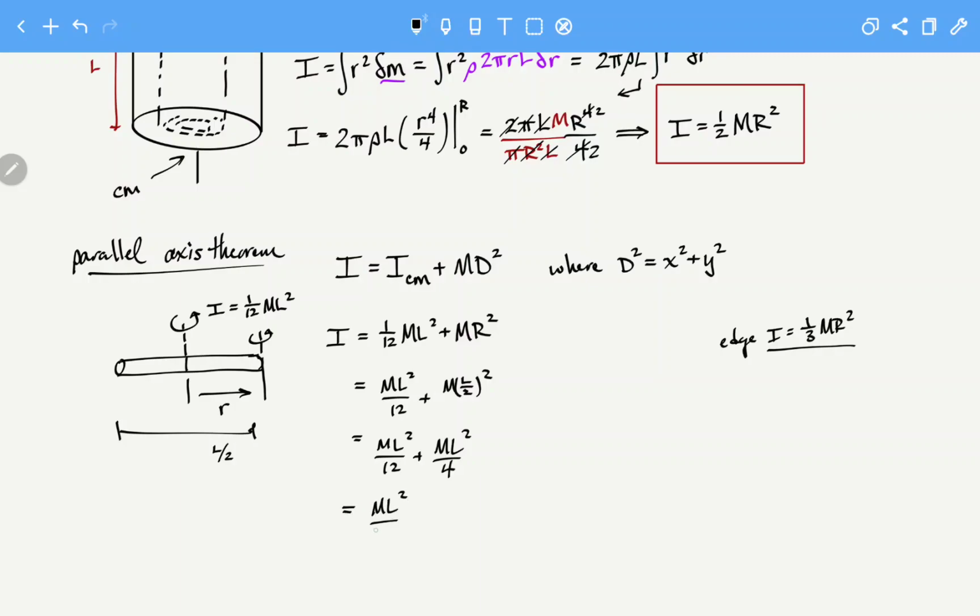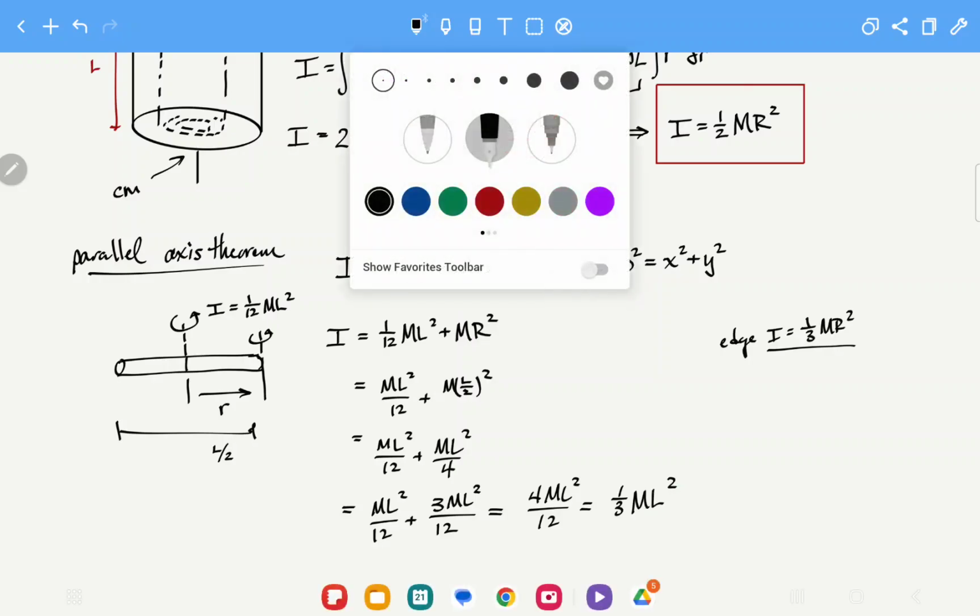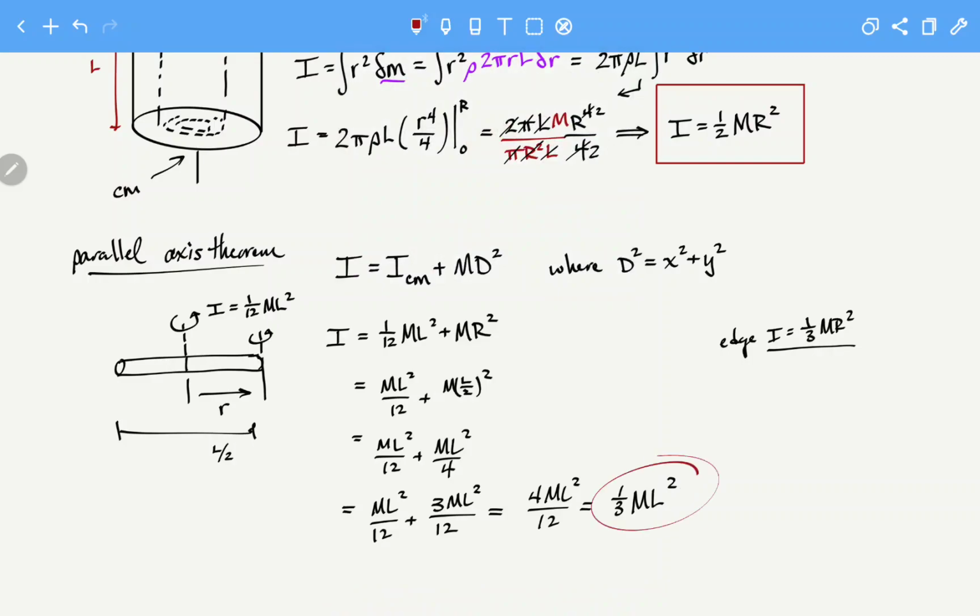So ml squared over 12 plus 3 ml squared over 12 is equal to, dun-dun-dun, 4 ml squared over 12, which, as you know, is equal to 1/3 ml squared. Well, hey, that's exactly what we had last time.